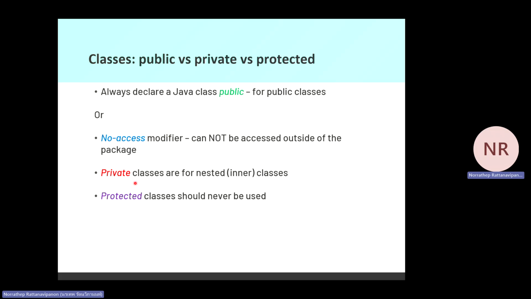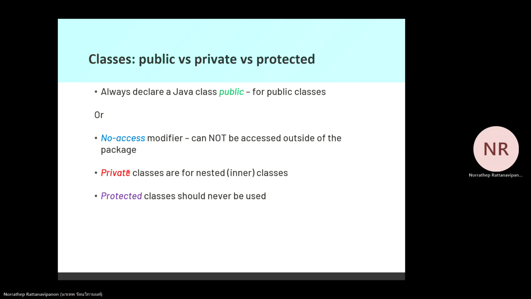There's a reason for you to have a private class. A private class means that it can be accessed only by the class in which it is declared. This is slightly weird, because what does that mean?